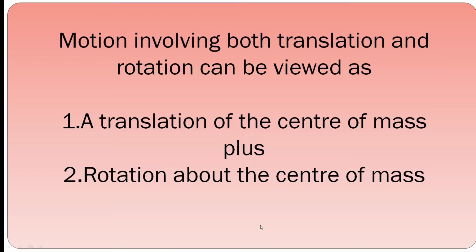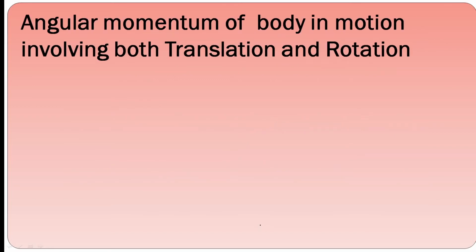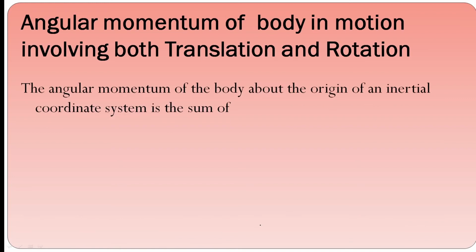To discuss the motion and its dynamics, we have to discuss the angular momentum of the body, torque and kinetic energy. These three parameters we will discuss here. Now let us first look at the angular momentum of a body in motion involving both translation and rotation.